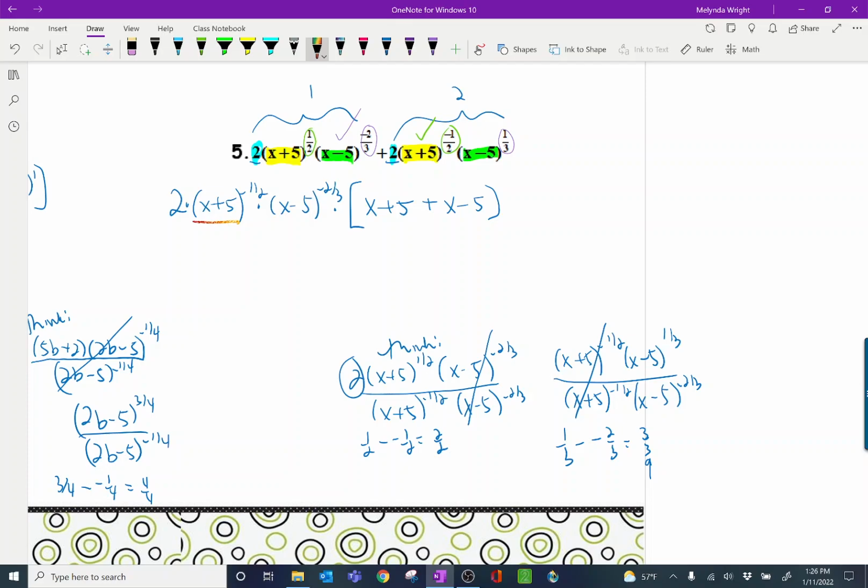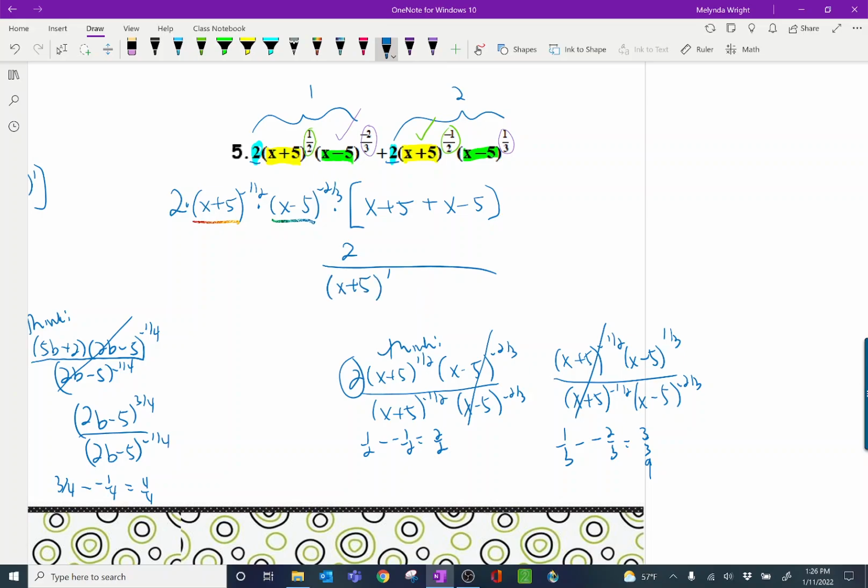Actually, they're both negative exponents, so I can take both of them. So the 2, I know it's attached to the (x + 5)^(−1/2), but it's only attached by multiplication. It has to stay in the numerator when I pull those others down into the denominator.